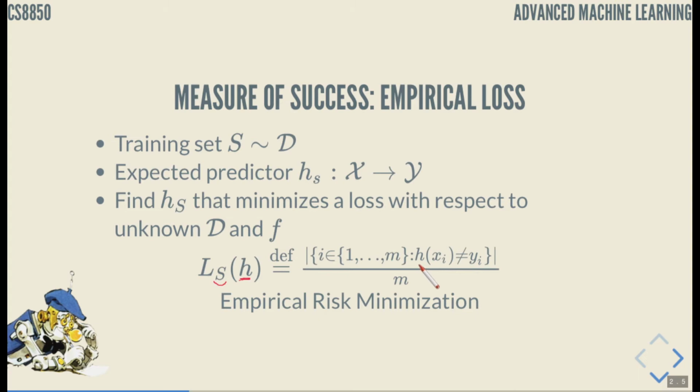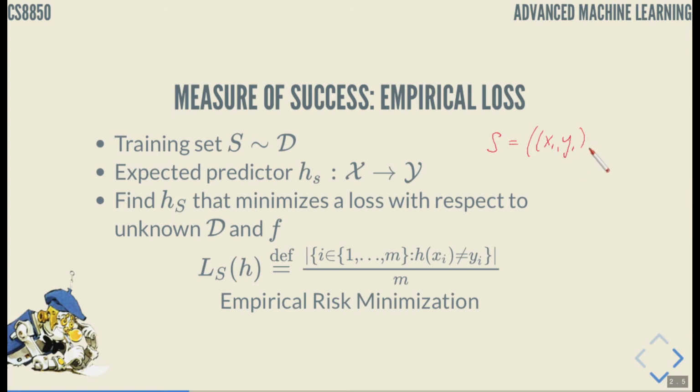So H of x sub i is whatever our classifier, or hypothesis, returns. So we count in this set only those i's for which the label is not equal to the true label. Remember how we defined our S: it is a sequence of pairs.